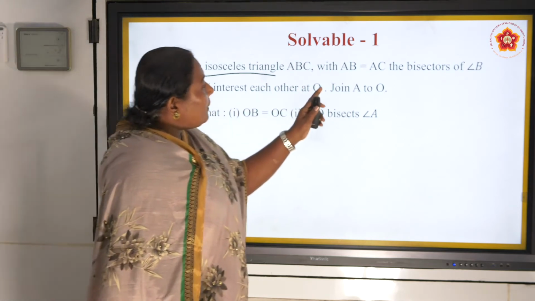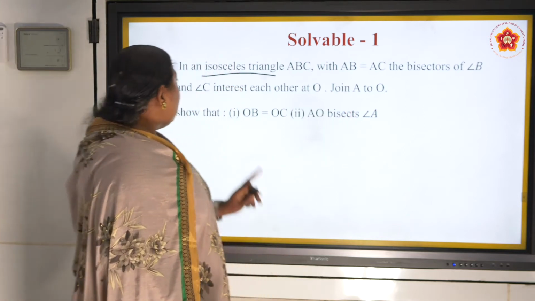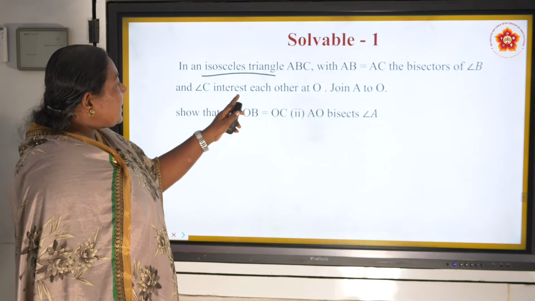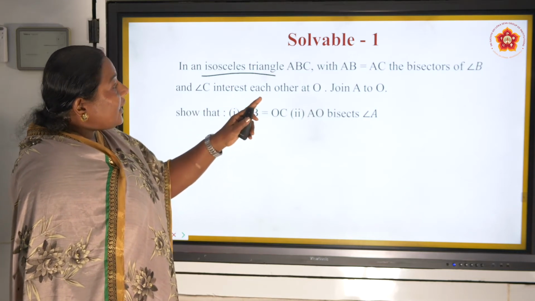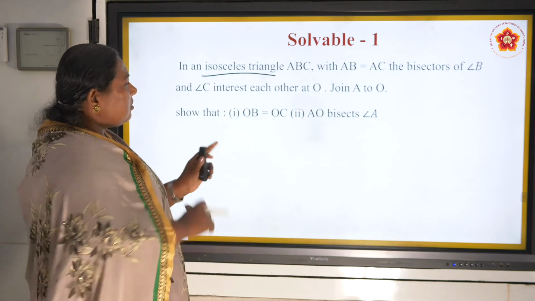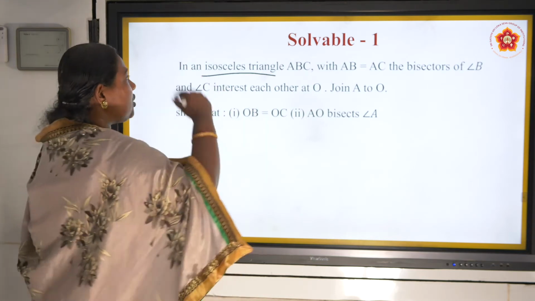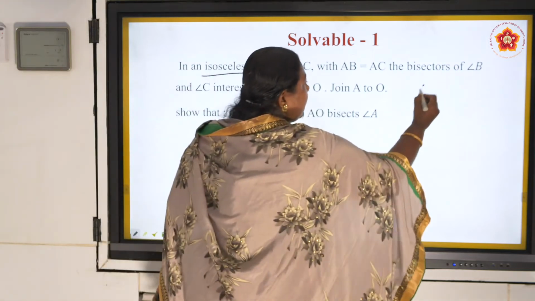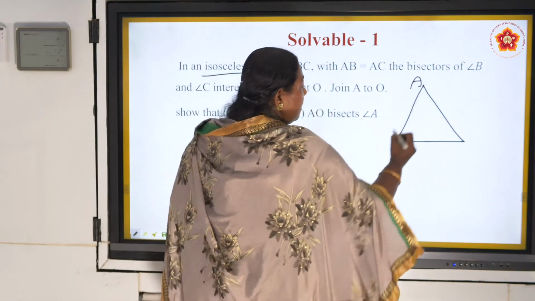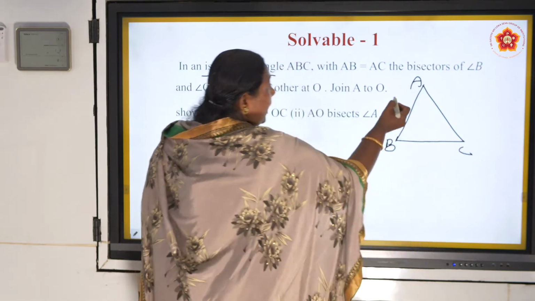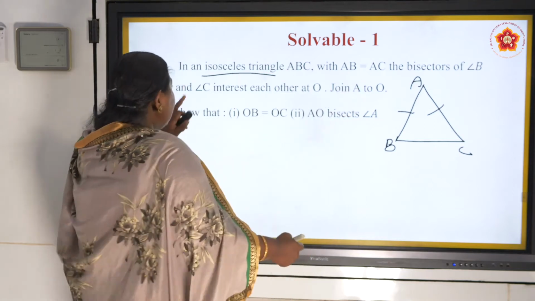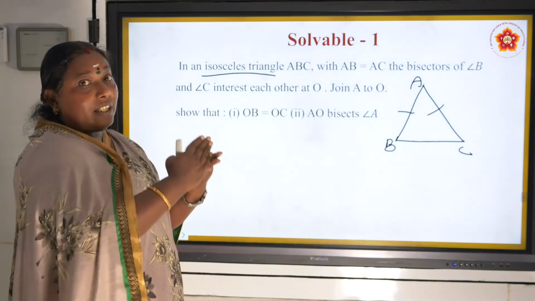Next, with AB equal to AC and the bisectors of angle B and angle C intersecting each other at O, join A to O, show that OB is equal to... this is too clumsy. Let us draw that. So what are they telling? There is an isosceles triangle where AB is equal to AC, and angle B and angle C have bisectors.